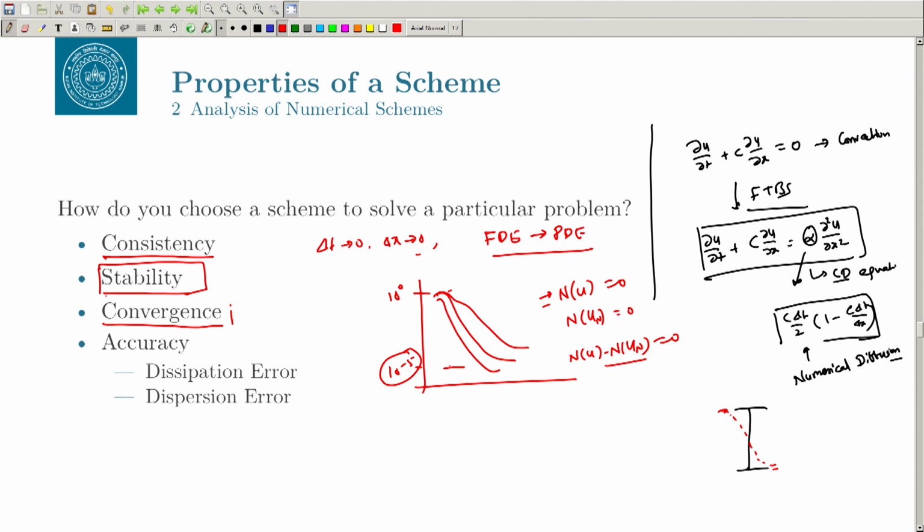Many times you do not know the analytical solution. There also you have certain measures to find out the convergence. For example, let us say you are trying to solve the continuity equation, so that mass conservation is maintained: del u by del t plus u del u by del x equal to 0.